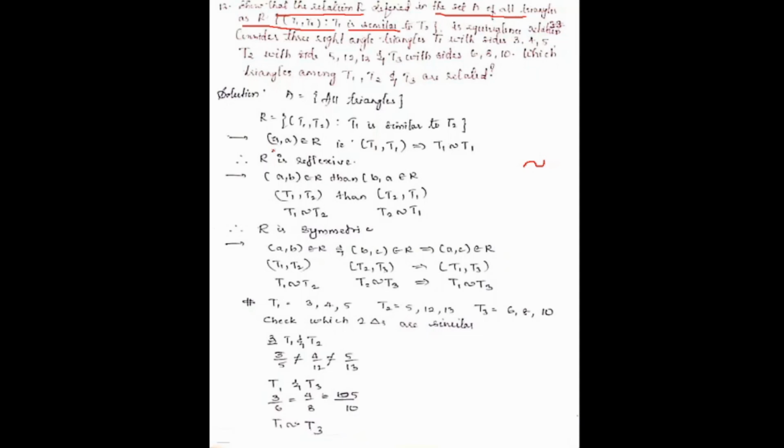(A, A) belongs to R, that is (T1, T1) belongs to R, that is T1 is similar to T1. Obviously the same triangle is similar to itself, no doubt. So R is reflexive.